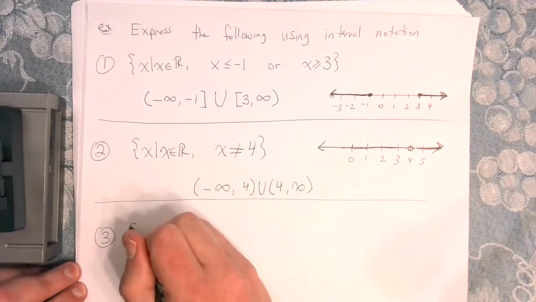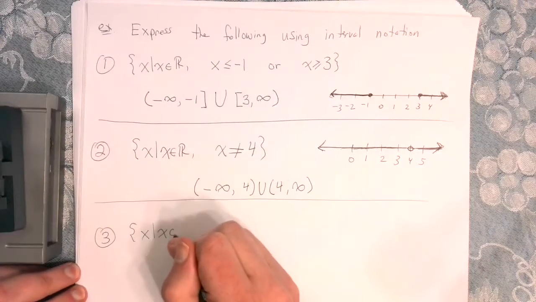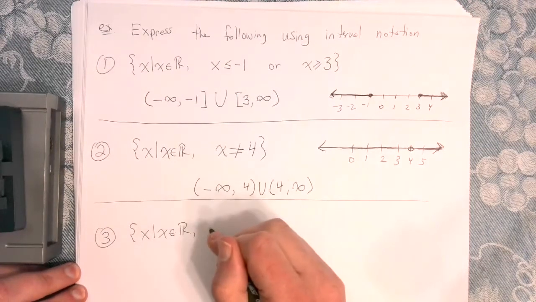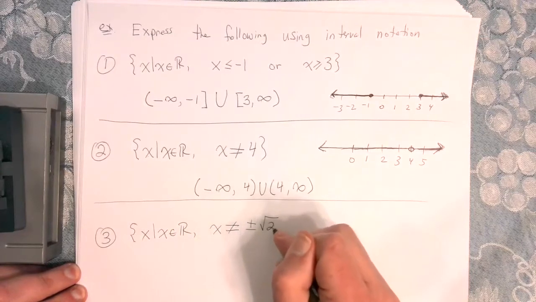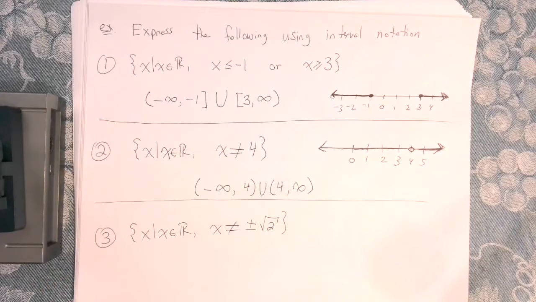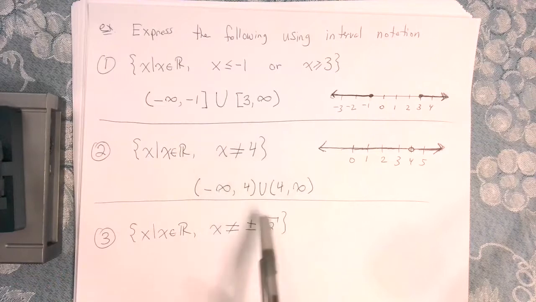Let's try another. Let's say we want the set of all x's such that x is real, but x is not equal to plus or minus the square root of 2. So I think based on our previous example, you're pretty hip to what's going to happen. Think about your mathematical hole punch.